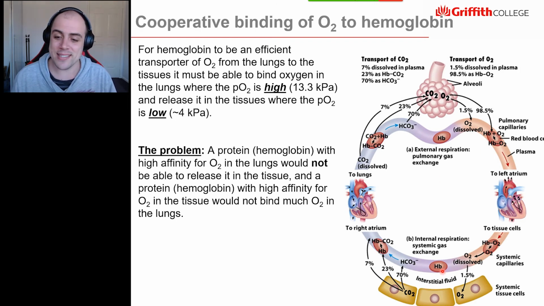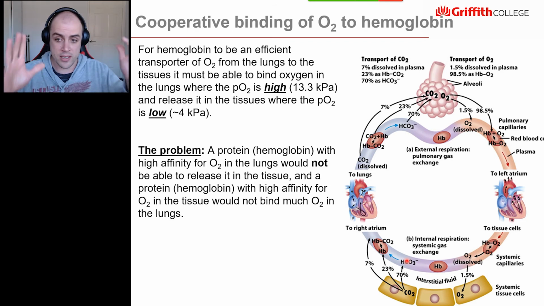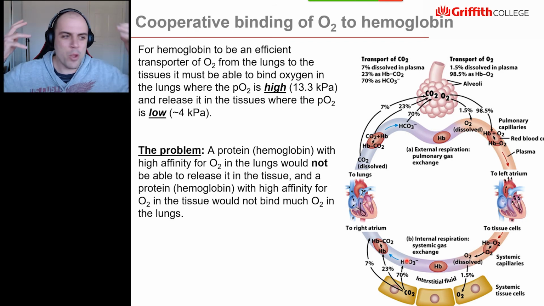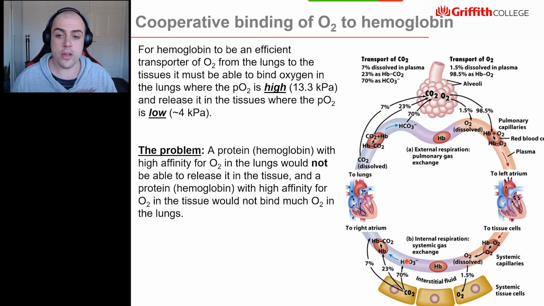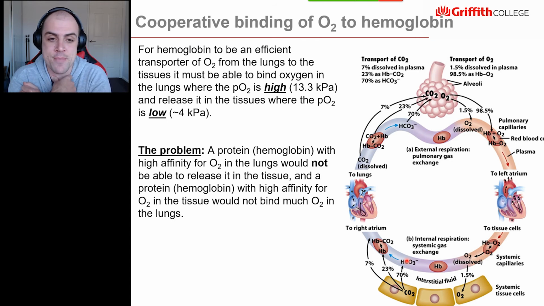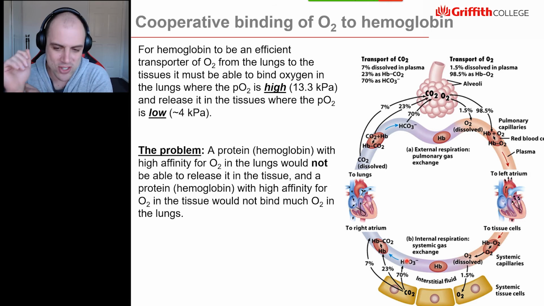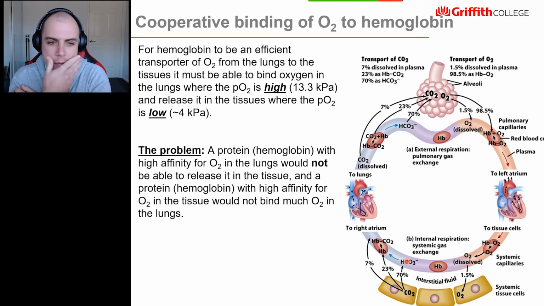So when it gets to our tissues, we go, okay, Mr. or Mrs., I don't know, hemoglobin, we want you to please deliver that oxygen. And it goes, oh no thanks, I'm good. This is mine now. I have a high binding affinity. I'm holding onto this oxygen and it's mine and I'm not letting go.